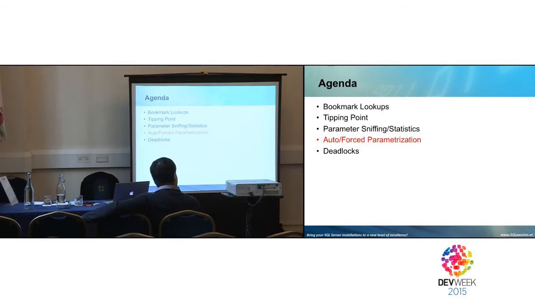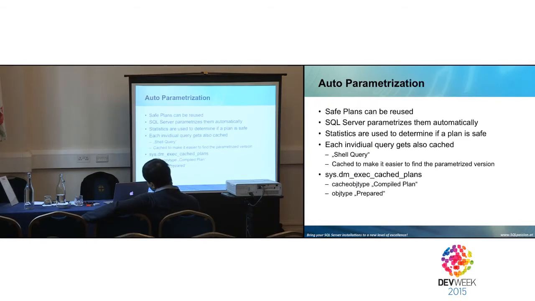Same thing. The problem that we have in SQL Server is that SQL Server can also auto-parameterize specific SQL statements. We have so-called auto-parameterization and so-called forced parameterization in SQL Server. When we have a so-called safe plan, SQL Server will auto-parameterize our SQL statement. It means you provide a hard-coded value and SQL Server substitutes that hard-coded value with a parameter.